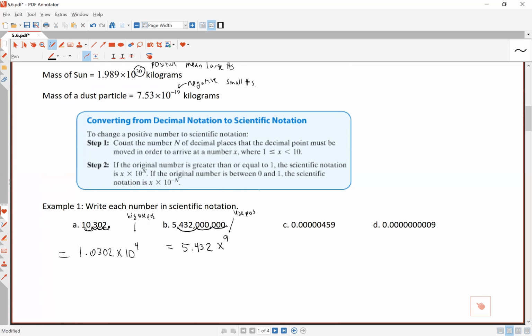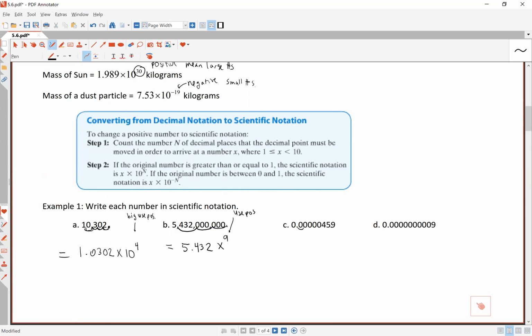And when you have small numbers, you move those decimals over to the right. 3, 6, and 7 spaces would put me at 45.9. If I moved it 8 spaces, it'd be 459. So I need to be careful and make sure that my number is between 1 and 10.